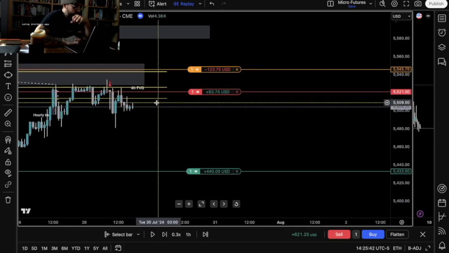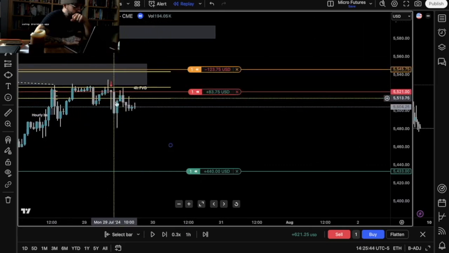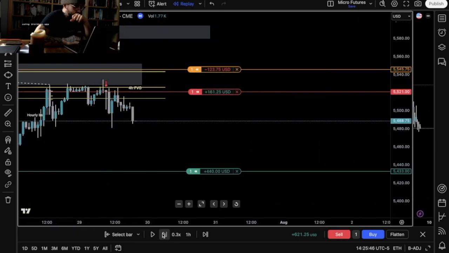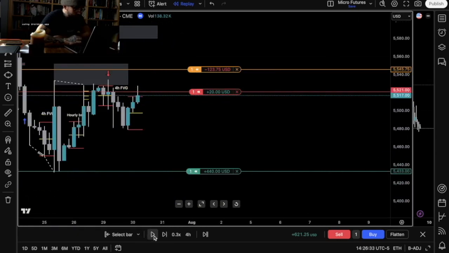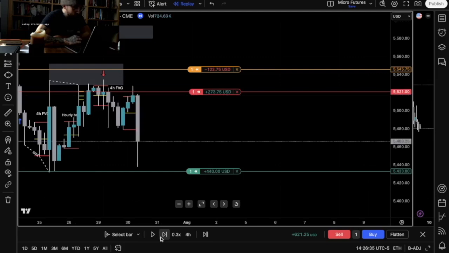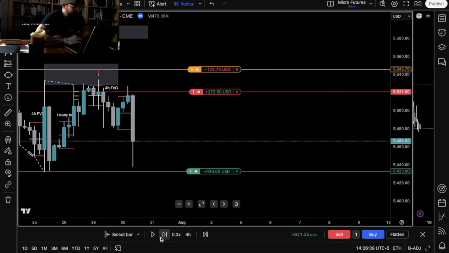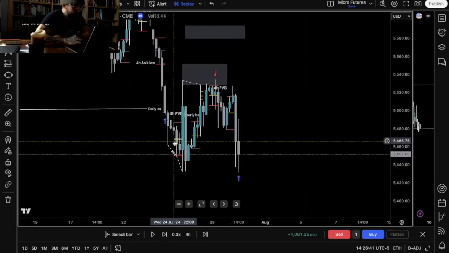This internal model played out. It's the candle I was looking for right there. Boom.